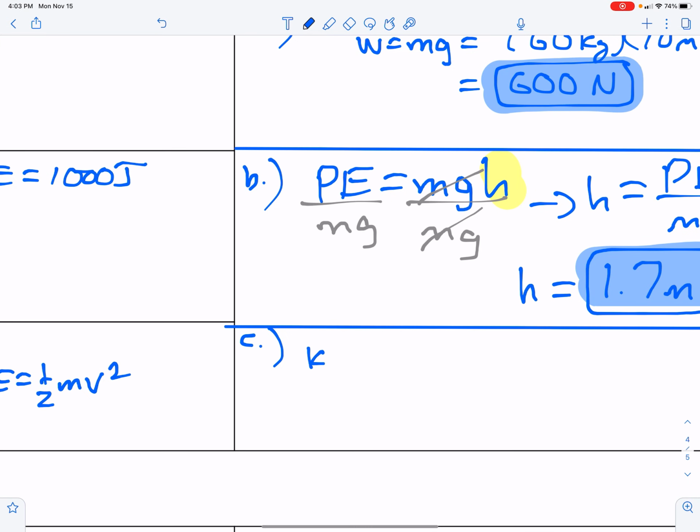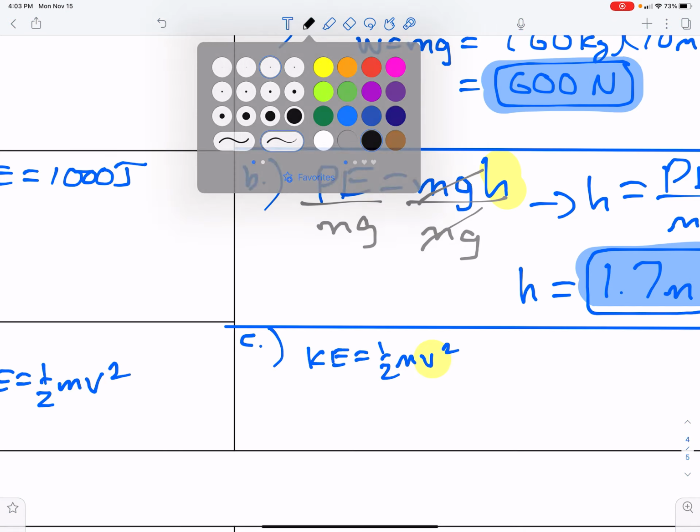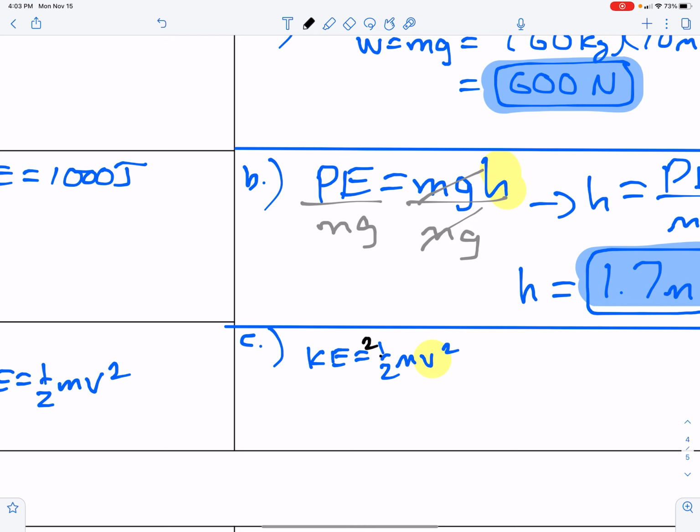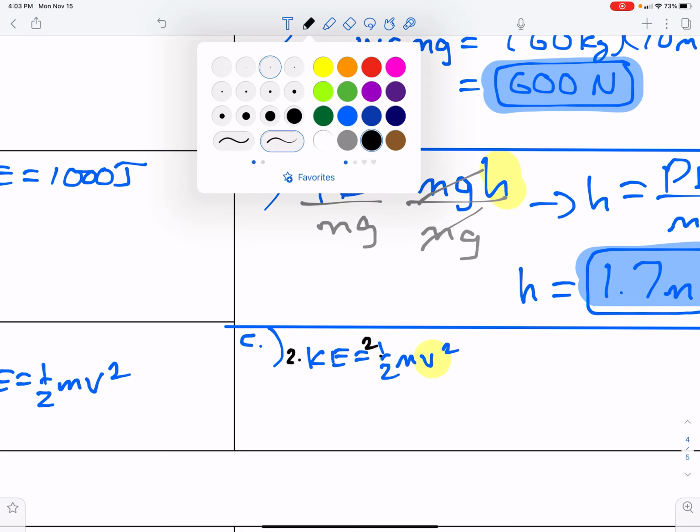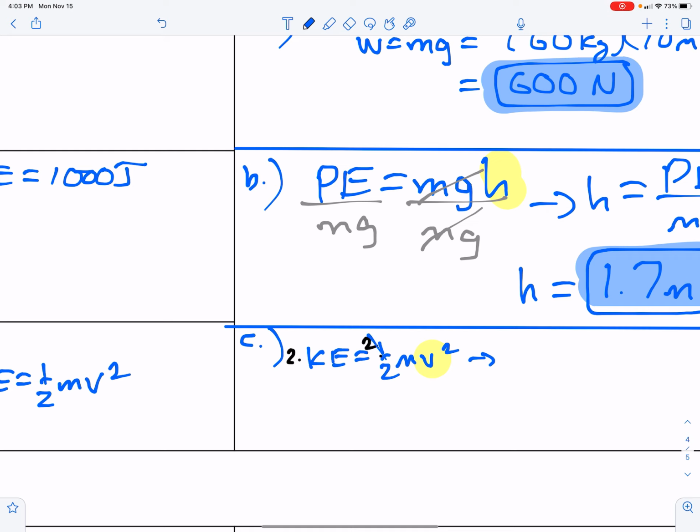So I'm going to use my kinetic energy formula, and I'm going to solve for V, for the speed. Now to solve for speed, I'm going to start by multiplying both sides by 2. Two times kinetic energy equals mv squared.